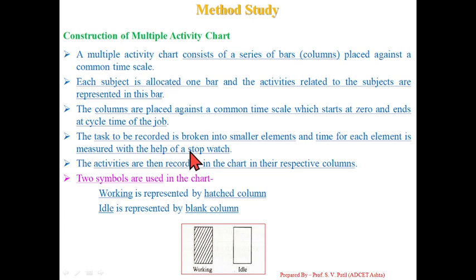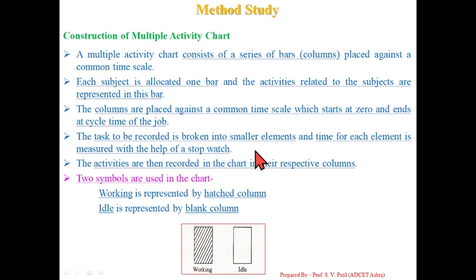The task to be recorded is broken into smaller elements and the time for each element is measured with the help of a stopwatch. So the total work is discretized into various subparts that are called elements. The activities are then recorded in the chart in their respective columns.